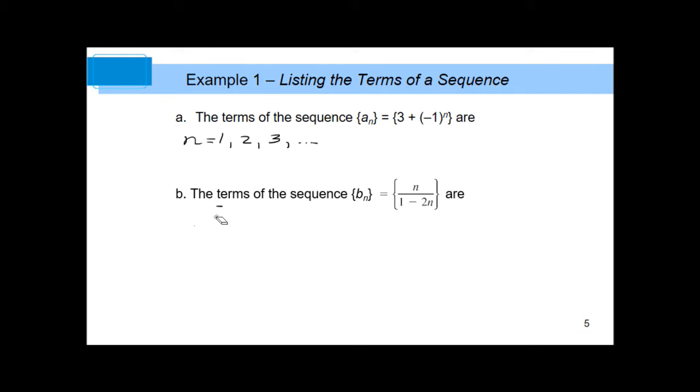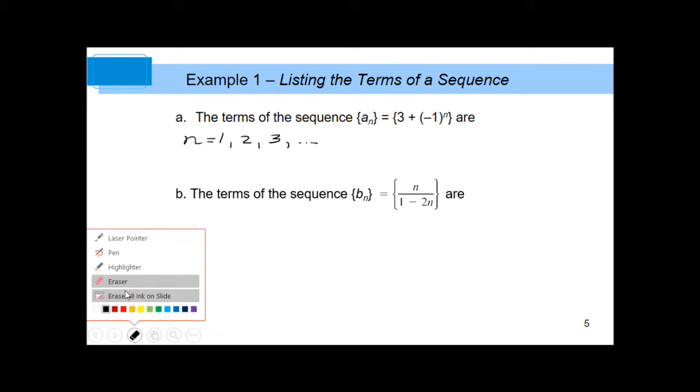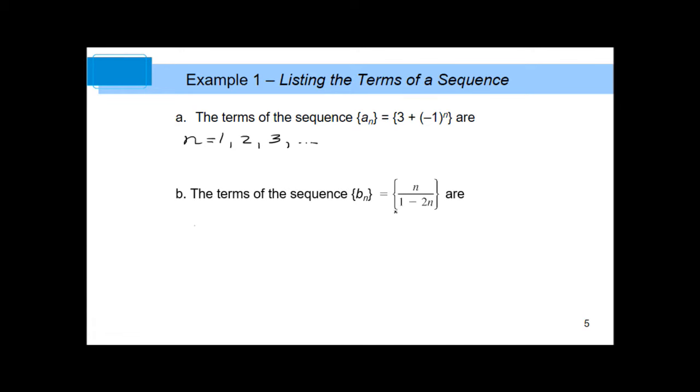Okay, so we're going to list out some terms of the sequence B sub n. They're telling us the nth term of the sequence is n over 1 minus 2n. So again, plugging in n equals 1, we see that b sub 1 is 1 over 1 minus 2 times 1. So that's 1 over 1 minus 2, or 1 over negative 1, which is negative 1.